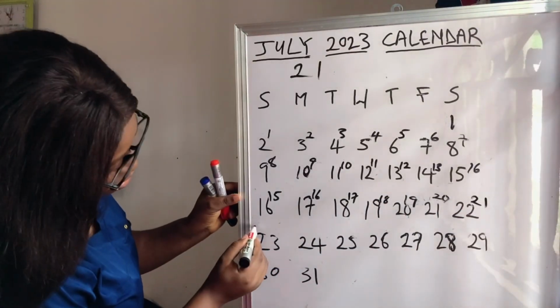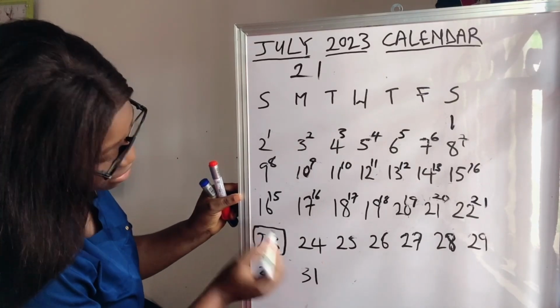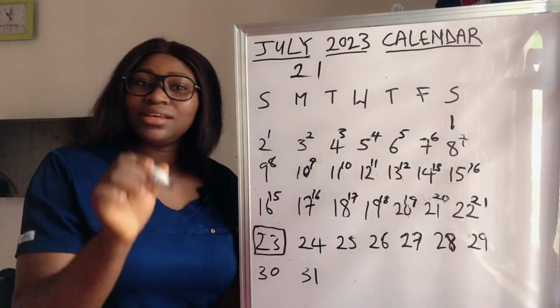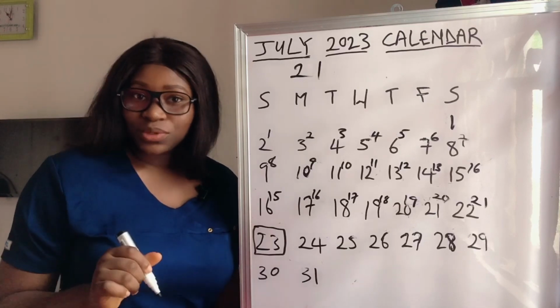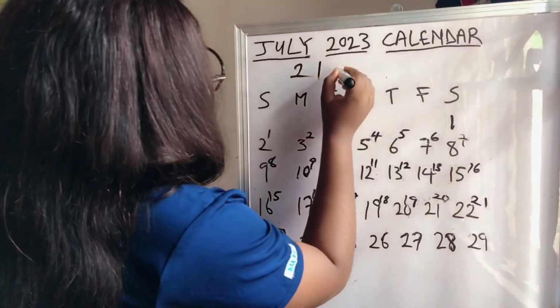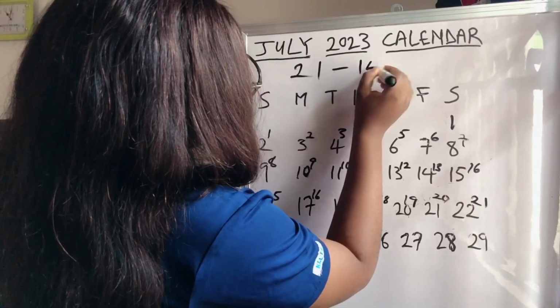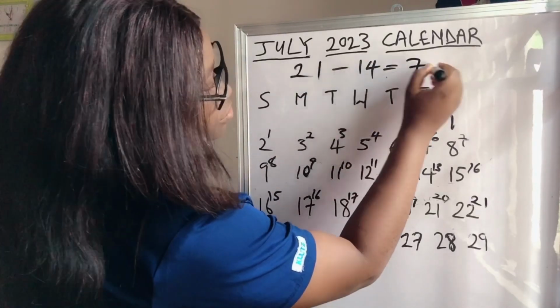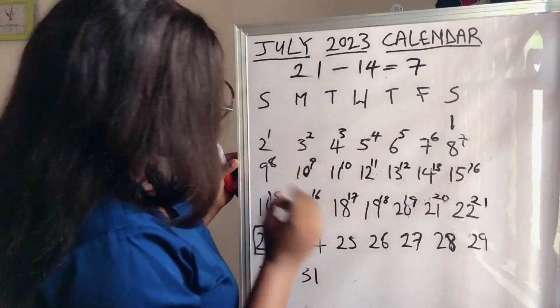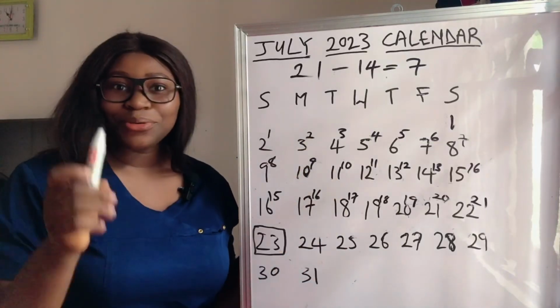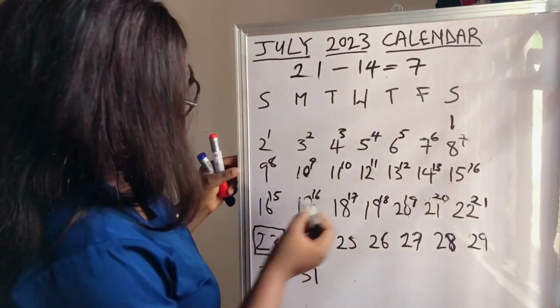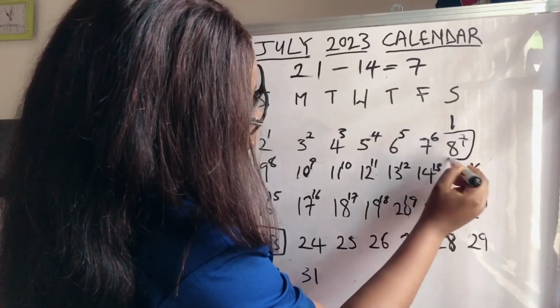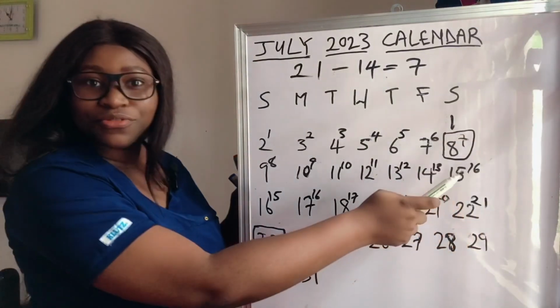She got her next period on the 23rd. You subtract 14 from 21 days. 21 minus 14, what do you get? 7. So she's likely to ovulate on cycle day 7. She's likely to ovulate here.